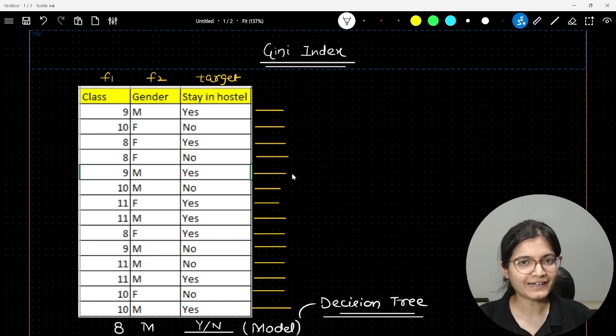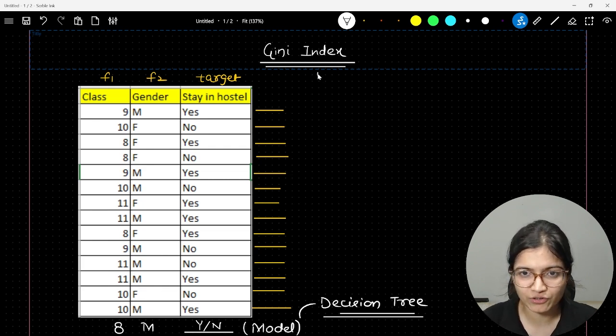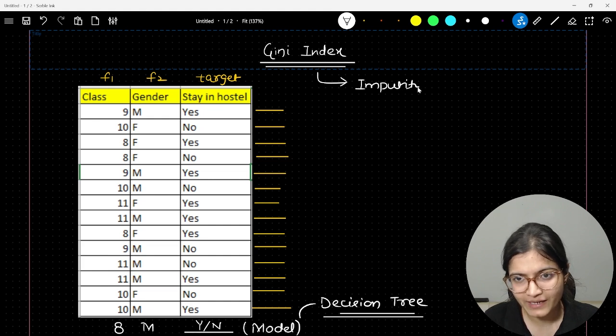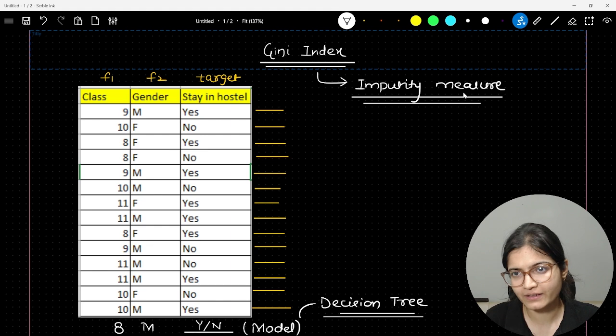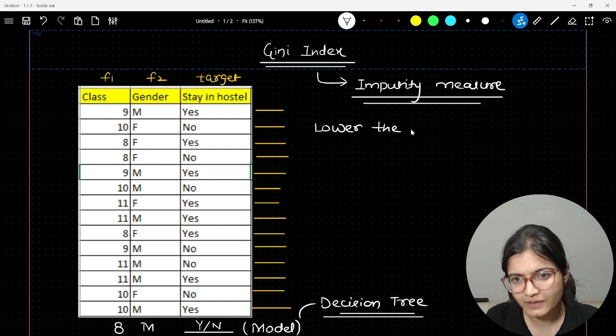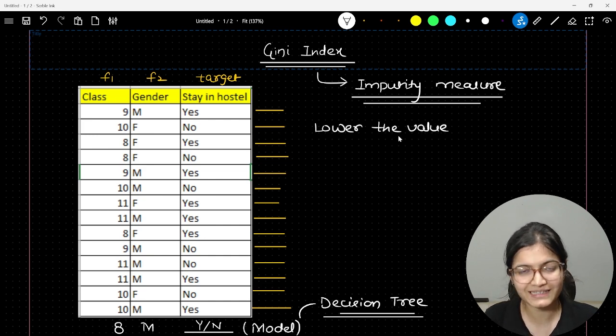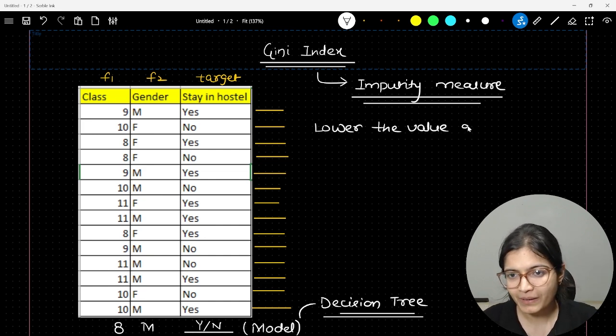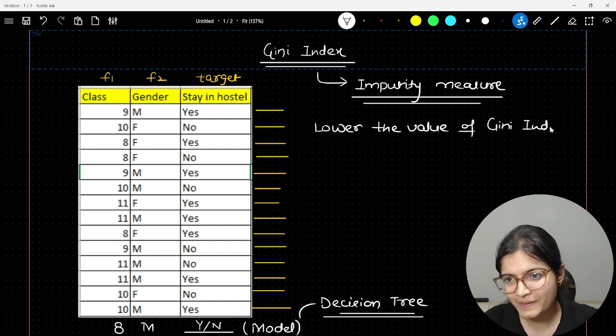Depending upon that, let's see how the Gini index works, which is one of the impurity measures in a decision tree. The mathematical idea is that the lower the value of the Gini index, and we will see how to calculate it, the lower the impurity of that specific feature.